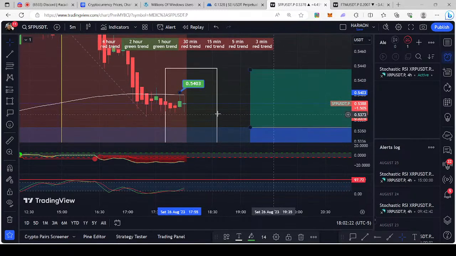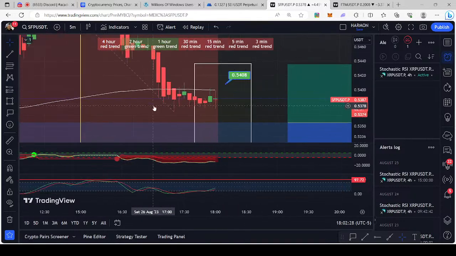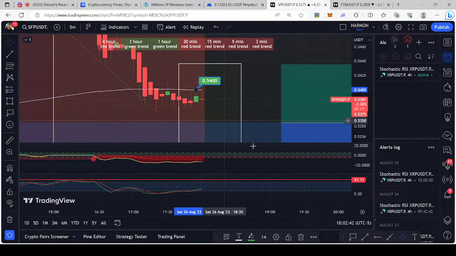I'll make some videos on that, but just as an example, since we're looking at a trade, how to be greedy. 5 minute 200 moving average. That's why we have the 200 moving average on our indicator, so that we can use that for targets. You could have had this nice little entry at 54, and believe me, you're going to make a lot of money off that.